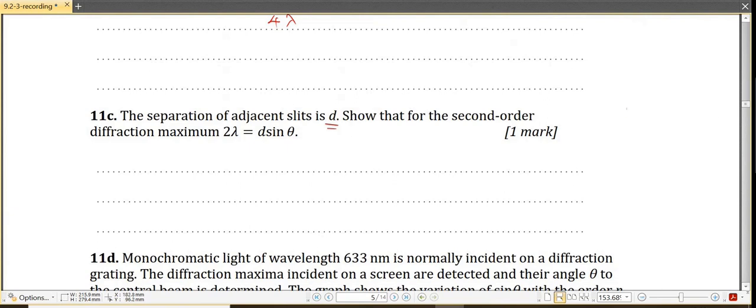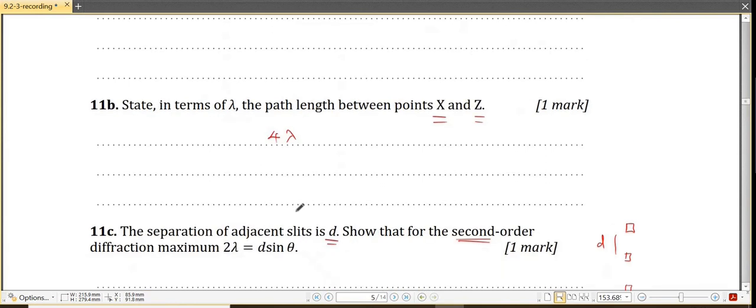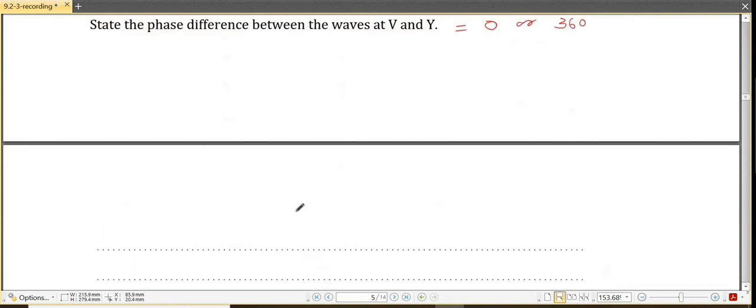So we have these slits here, right? Separation is small d. Show that for the second order diffraction maximum, 2 lambda equals d sine theta. So we are going back to the diagram, so it becomes easy for you to understand.